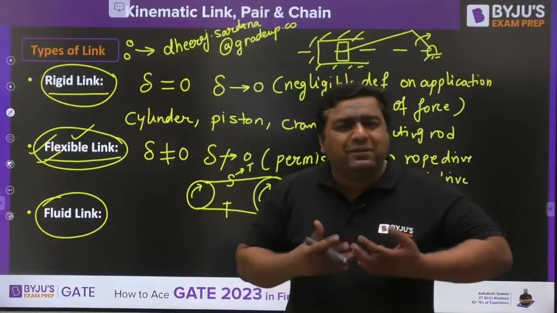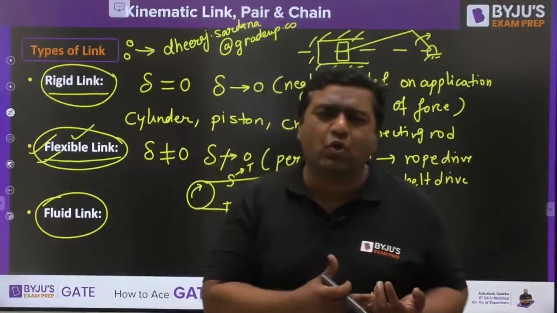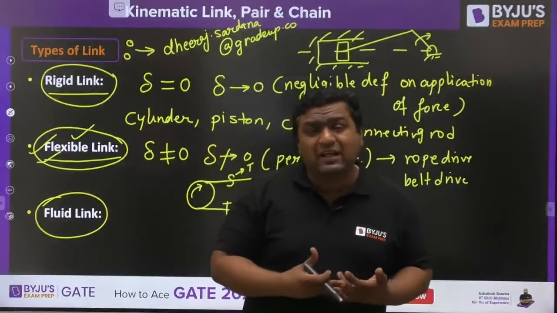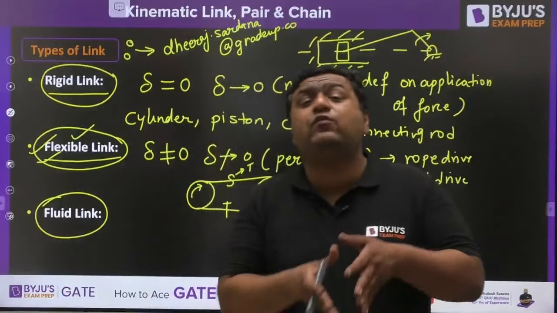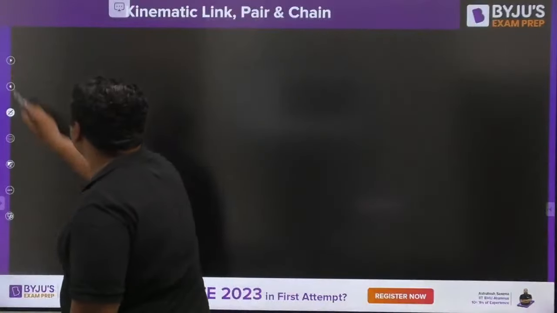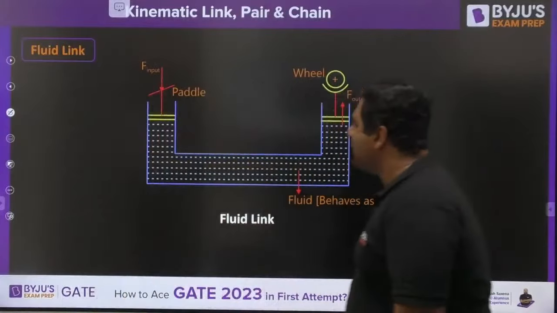Then my dear, fluid link we are talking about. Sometimes fluid is also helping us in transferring the motion. For such cases, we would be calling the fluid a link. If you want to see an example of the fluid acting like a link, this is one of the examples.